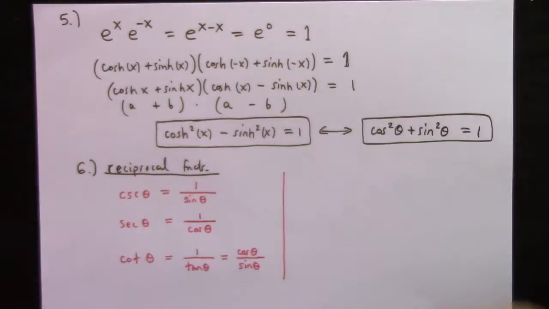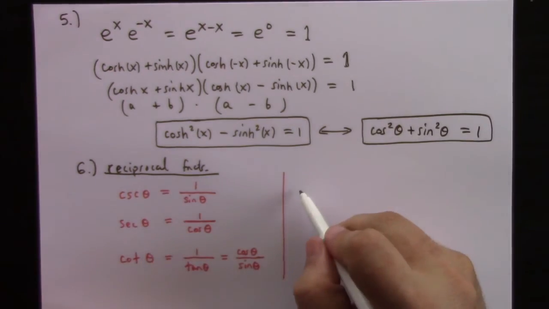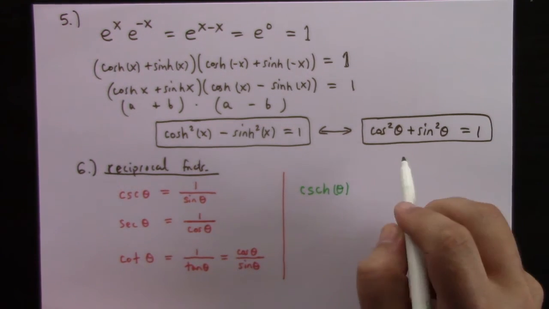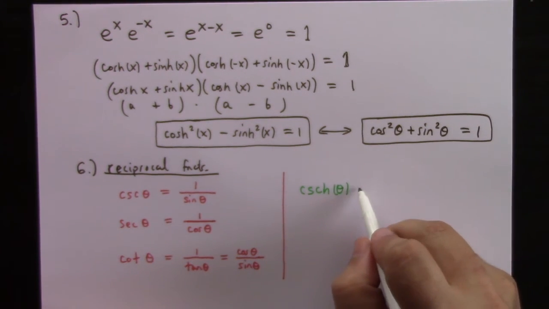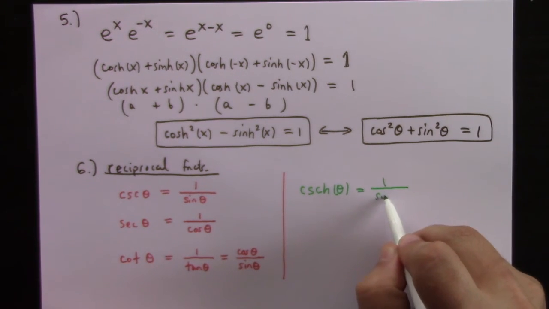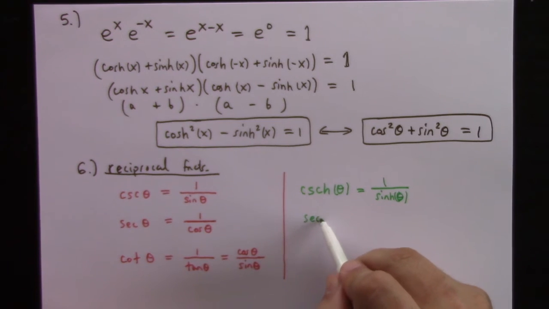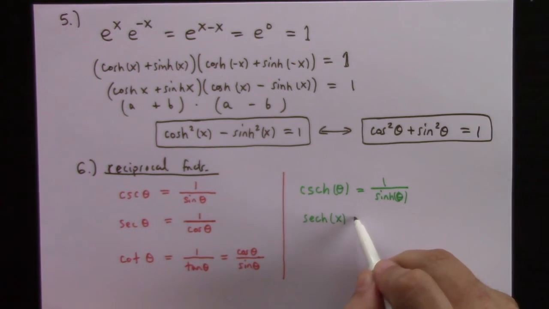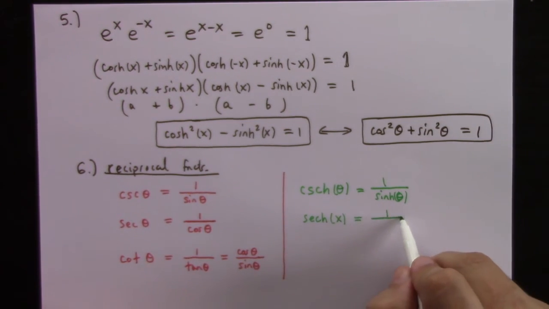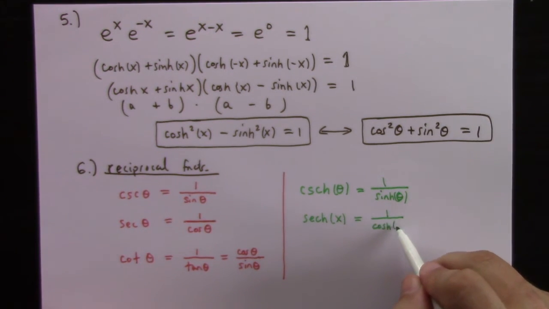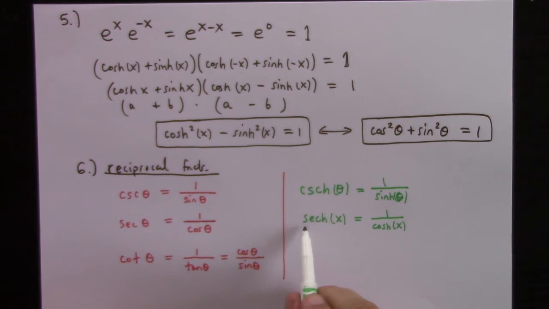So what do we have? There's the CSCH, hyperbolic cosecant, which is 1 over sinh theta. The hyperbolic secant, or I used x this time. Oh no, now you'll be confused. Why am I using theta and then x? They're just placeholders. Hyperbolic secant is 1 over hyperbolic cosine, and then there's something called coth as well.